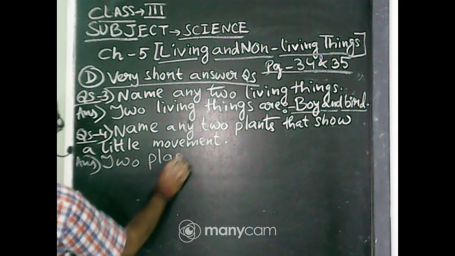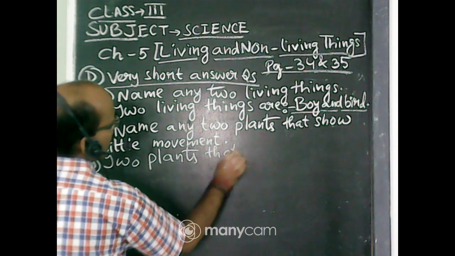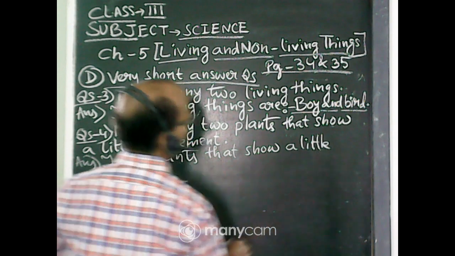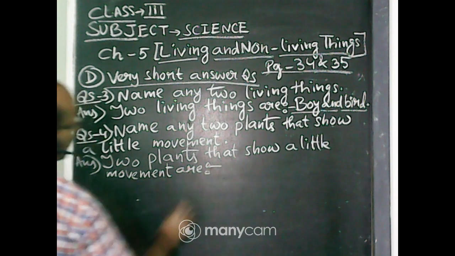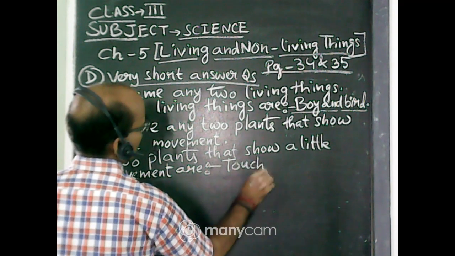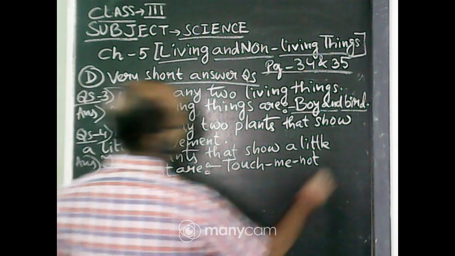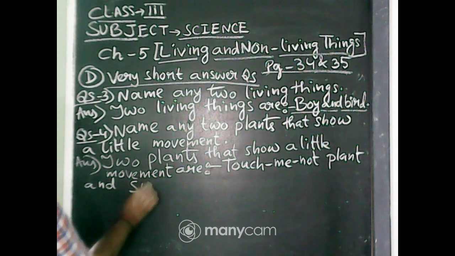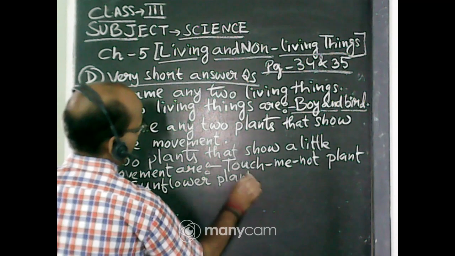So your answer is: two plants that show a little movement are touch me not plant and sunflower plant.